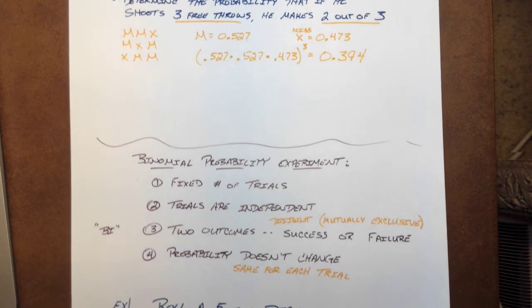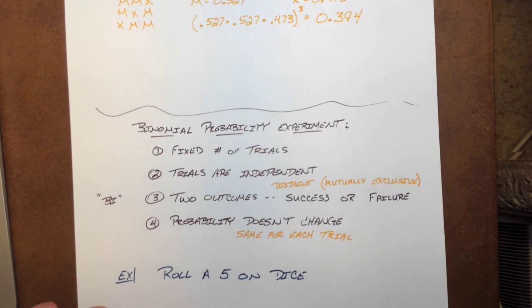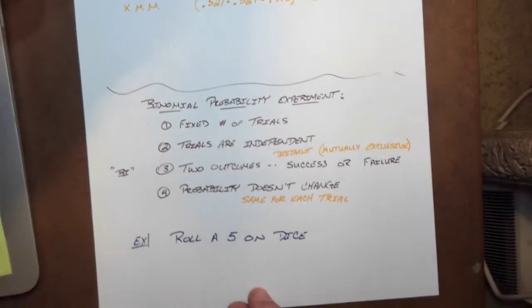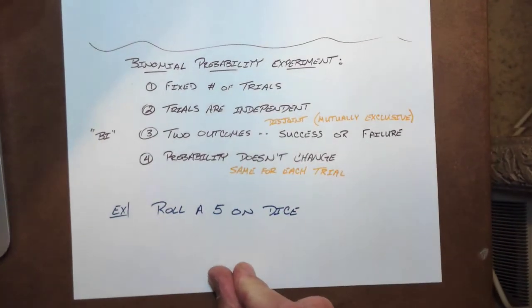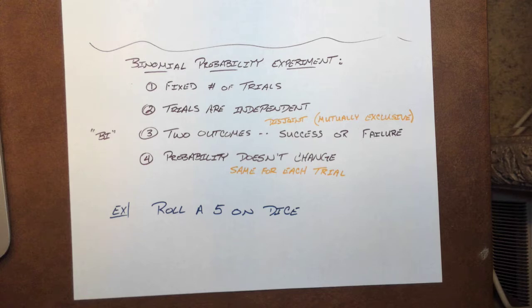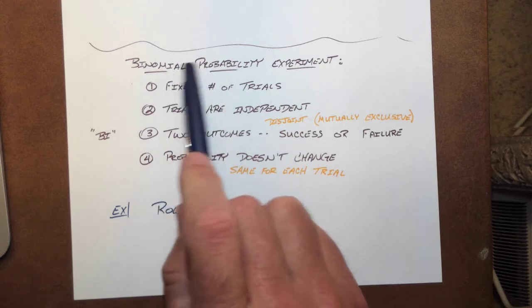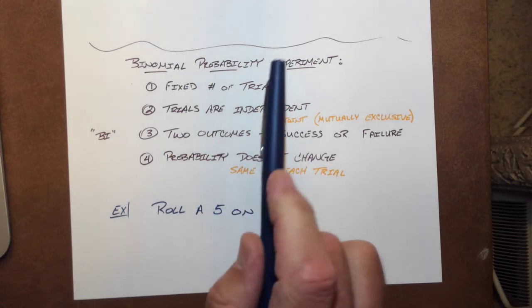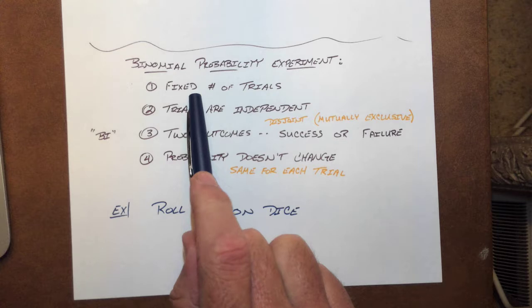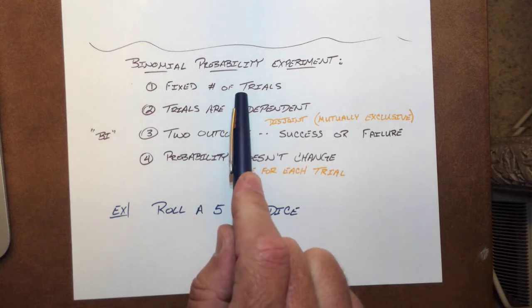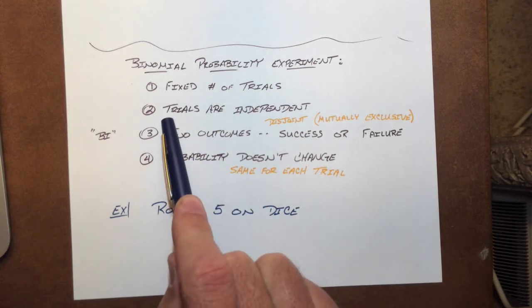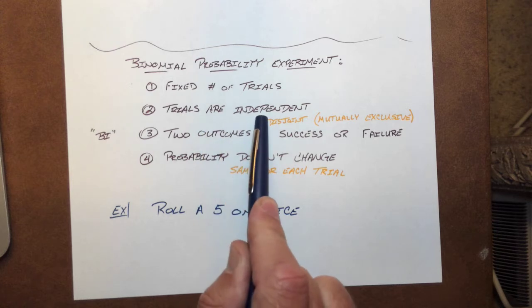Okay, so now let's talk about this binomial probability and different things that are going to help us out. Maybe some little shortcuts that we can work, if you will. From the reading, you read up on it in the book a little bit. But for a binomial probability experiment to happen, 4 things. You got to have a fixed number of trials. The trials are independent.